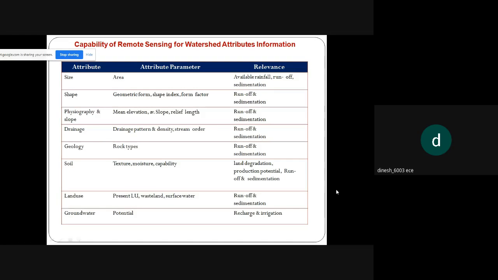Runoff and sedimentation are the relevance. Then the physiography and the slope. The mean elevation, slope, and relief length are the attribute parameters with relevance to runoff and sedimentation.